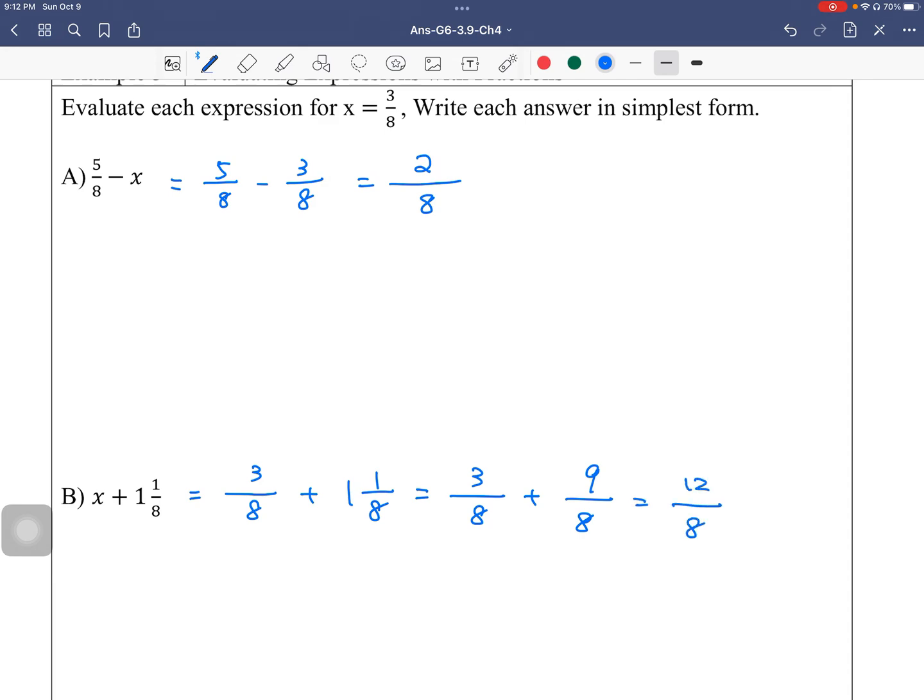So this is 12 over 8. Divided by 2 is 6 over 4, divided by 2 is 3 over 2. So 3 over 2 also equals 1 and 1 over 2, because 3 over 2 is an improper fraction.